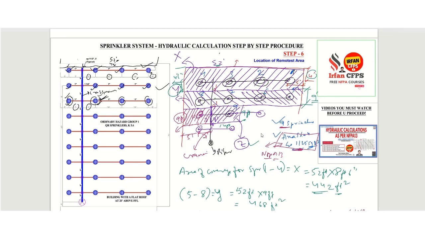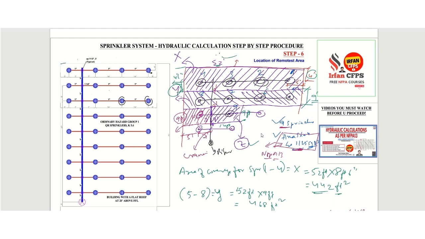So I will erase some portions here so that we can draw the remotest area in this particular drawing. Just a minute. Okay, now it looks a little bit better. So based on this, this one will draw.